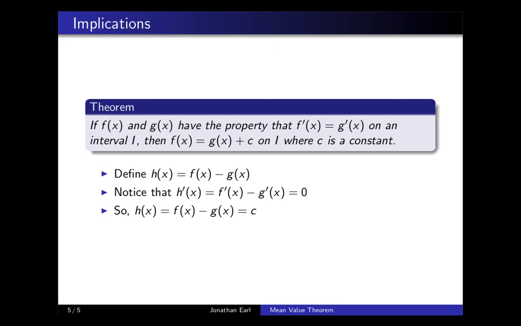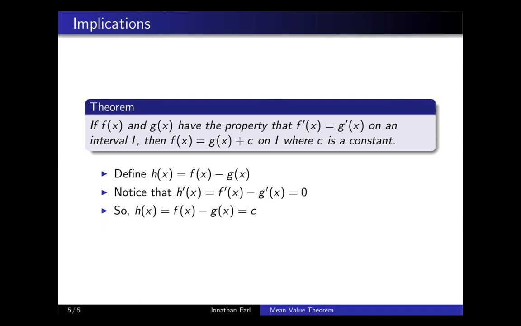And then a related result to that is if you have two functions that have the same derivative everywhere over an interval, then they just differ by a constant. So the reason for that is take a new function h and call it the difference between f and g and take that derivative.